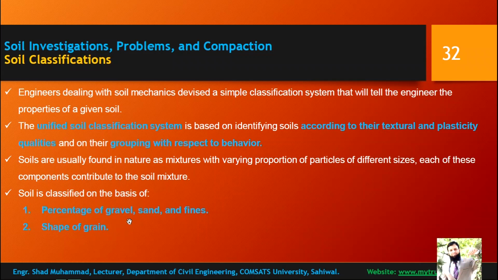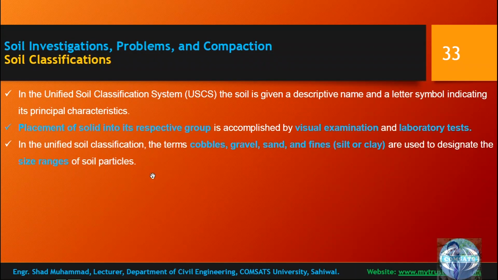These are the major classification parameters. In the Unified Soil Classification System (USCS), the soil is given a descriptive name and a letter symbol indicating its principal characteristics.